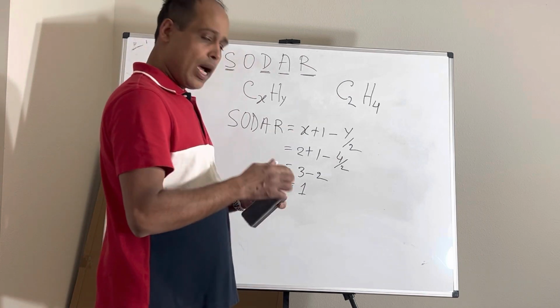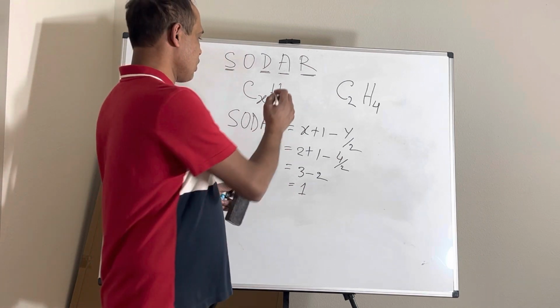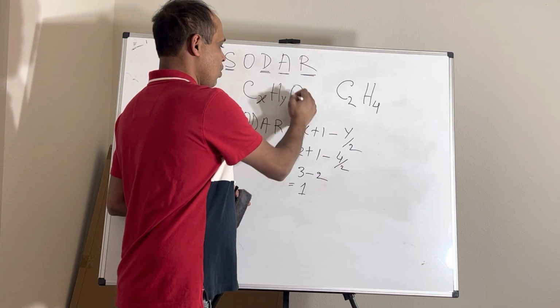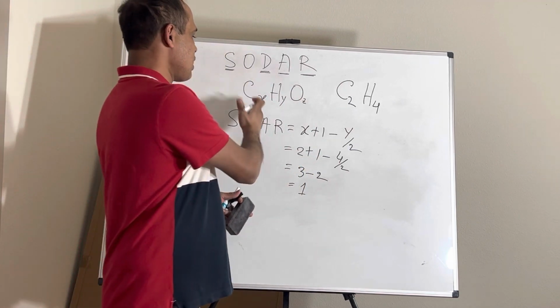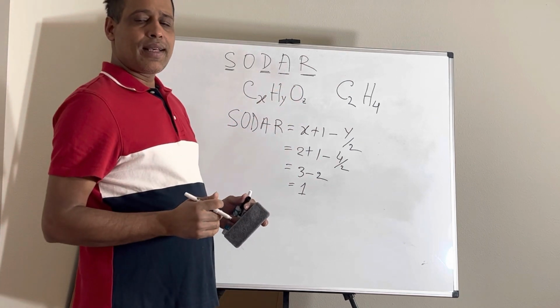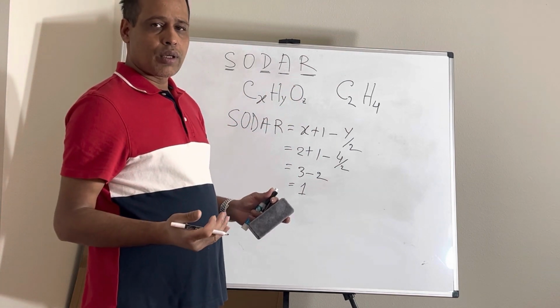Now if you have oxygen in the molecule, like CXHY and oxygen Z, another number Z, CXHYOZ, in that case how can you calculate the SODAR number?